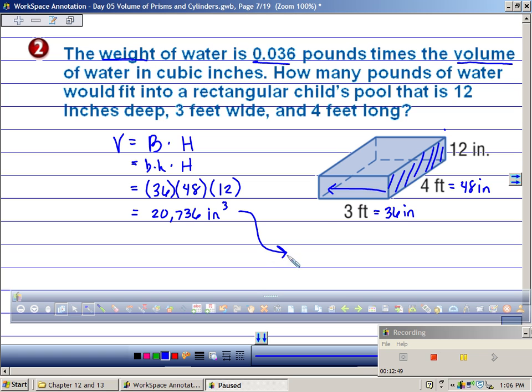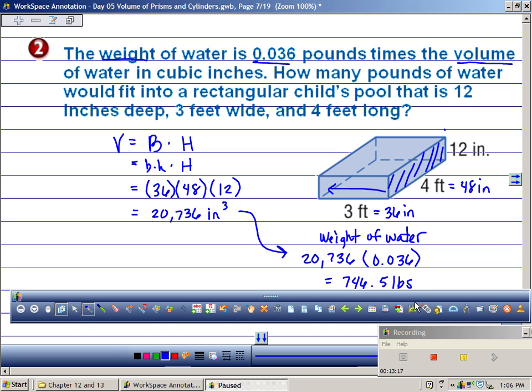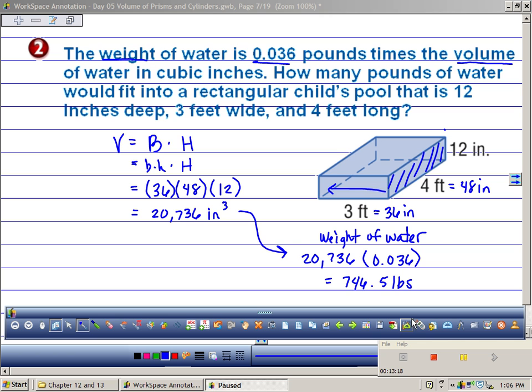Now I need to multiply that answer by 0.036 because this is the weight of water. So it wasn't really that bad. 746.5 pounds. Good job, guys.